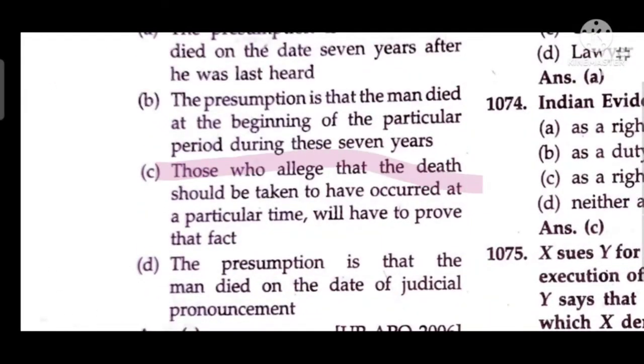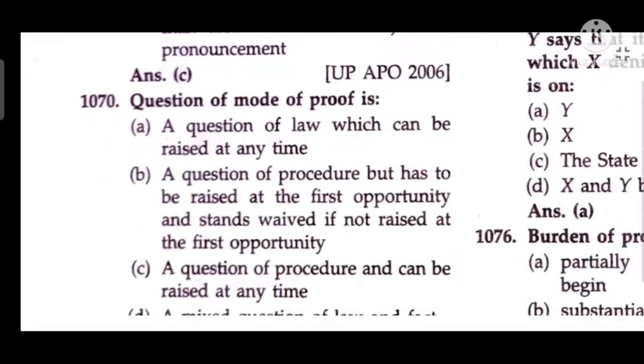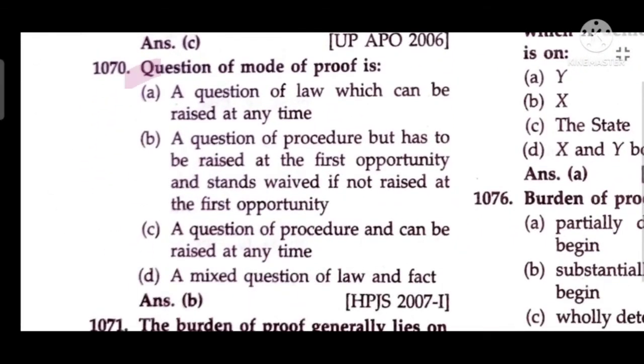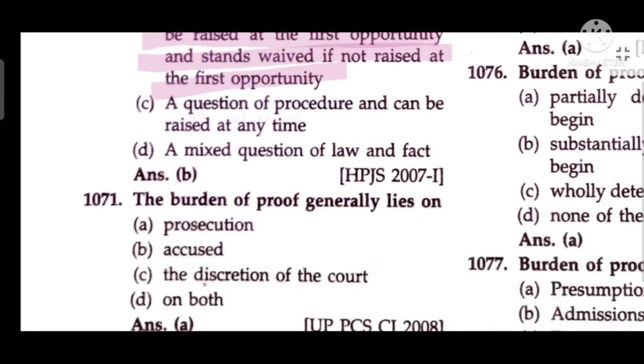Those who allege that death should be taken to have occurred at a particular time will have to prove the fact. The question of mode of proof is a question of procedure, but has to be raised at the first opportunity; it is waived if not raised at the first opportunity.